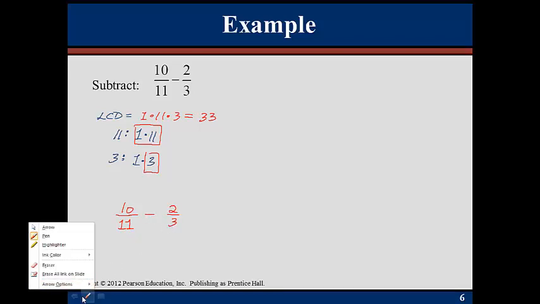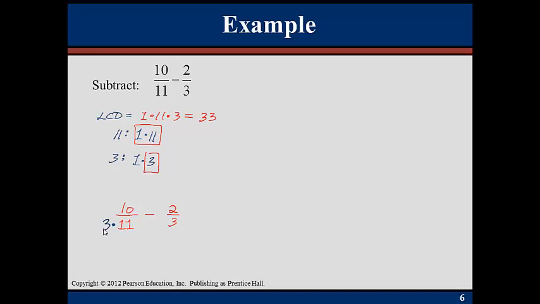So what can we multiply 11 by in order to make it 33? And that'll be 3, which means you're going to multiply the 10 also by 3. And then for the second fraction, what can we multiply 3 by to make it 33? Well, it will be 11, which means multiply the top number, 2, by 11 as well.